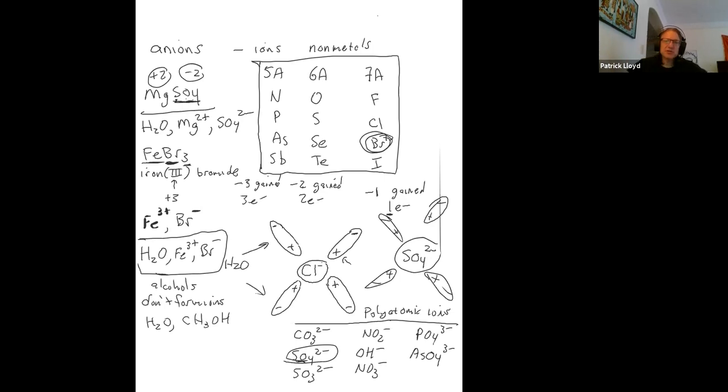But it's just CH3OH. Alcohols don't form ions. But the ionic compounds do form ions. So you get water and then 2 separate ions. And the same thing with the iron bromide. You get water, iron 3, and then bromide.